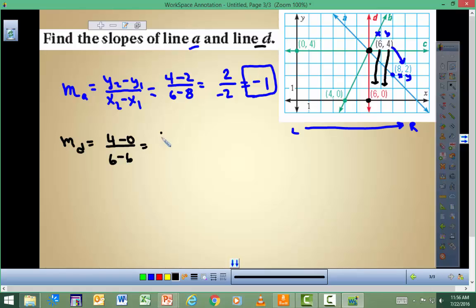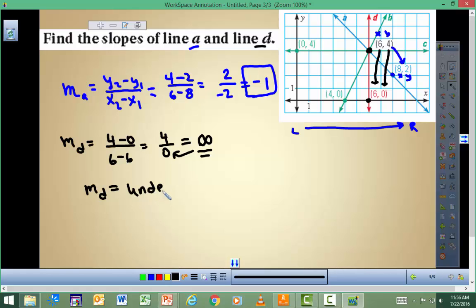In this case, we get 4 divided by 0. Now I just told you what that means. If you take a number and divide by 0, we say that number approaches an idea called infinity, and that number is undefined. So we simply say that the slope of this red line is undefined.